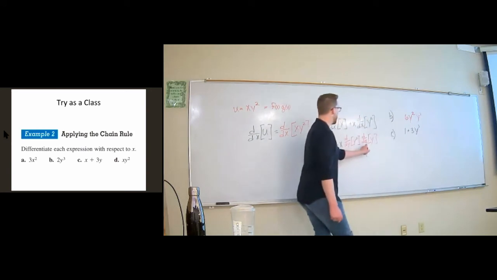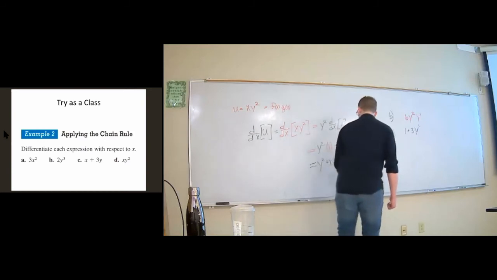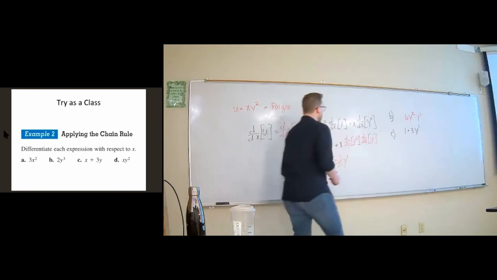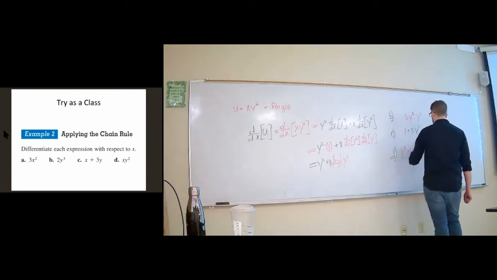And y differentiated with respect to x is going to be y prime. So for d, the derivative should come out to be y squared plus x times 2y y prime.